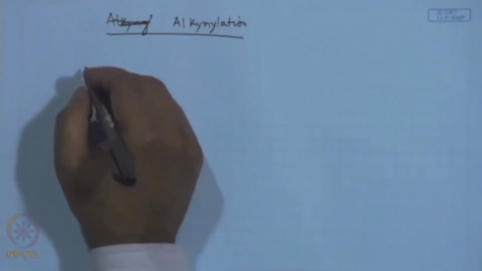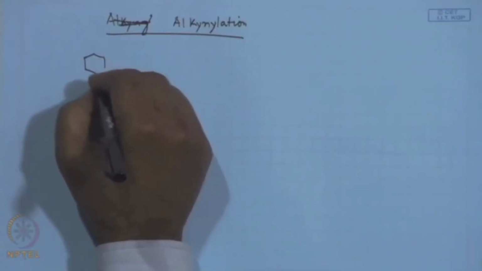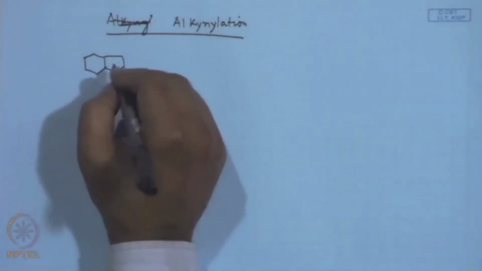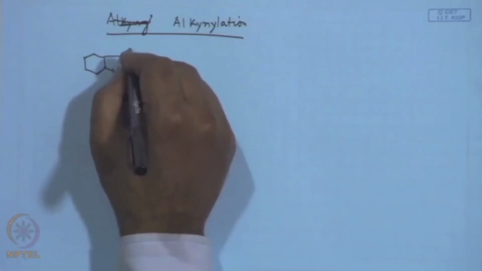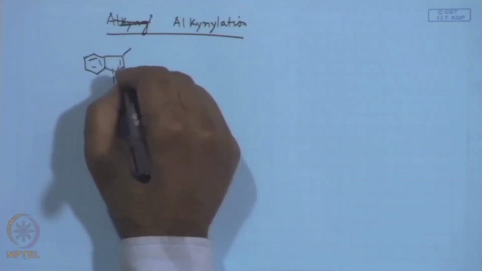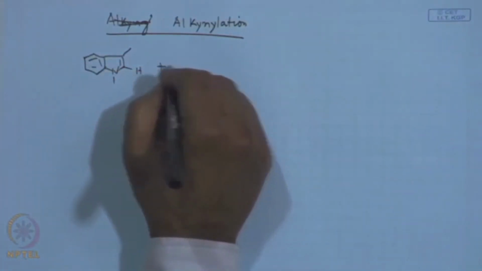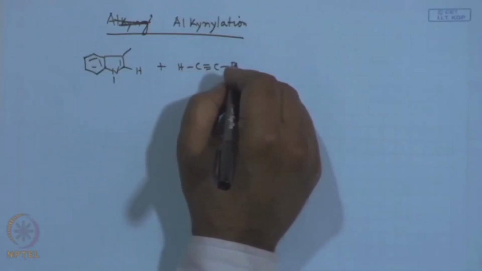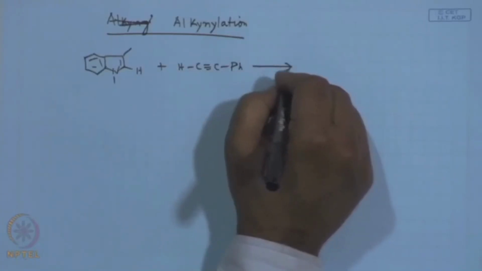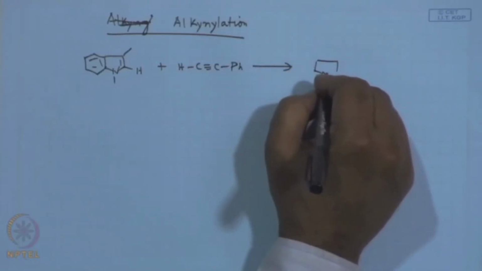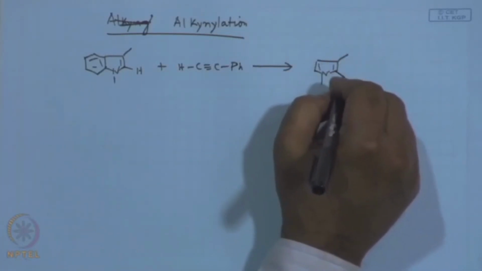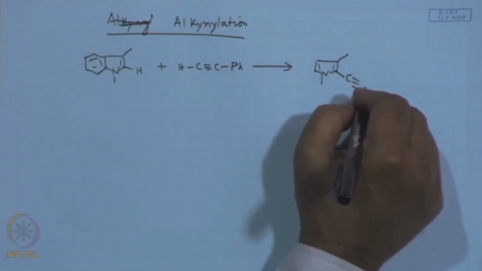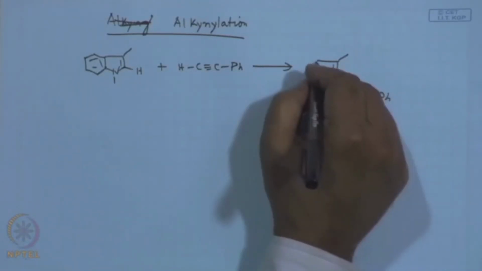That means in the place of acrylate, you can also use the corresponding alkyne, and you can get to this product.